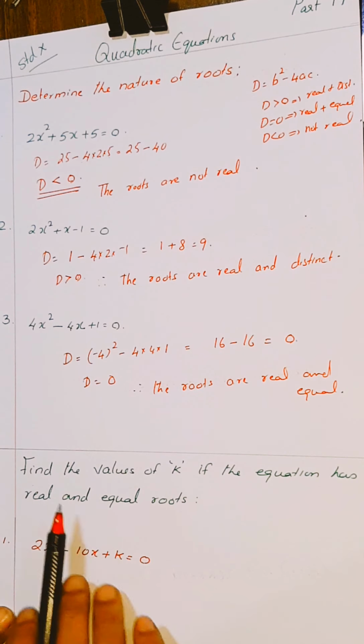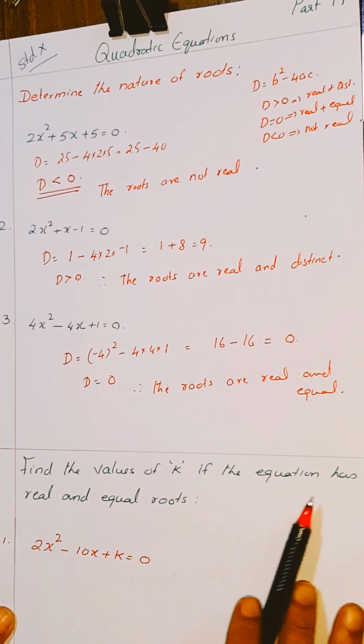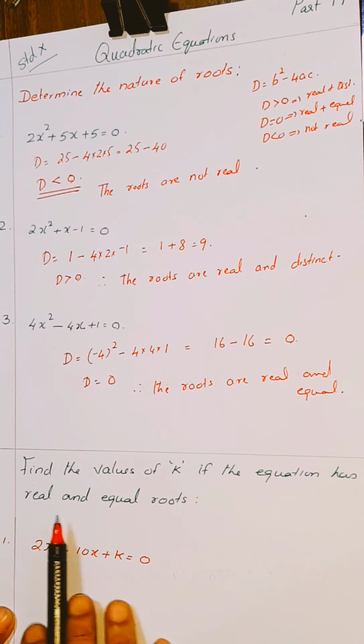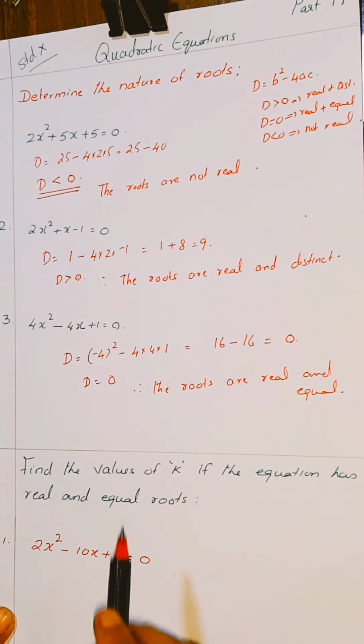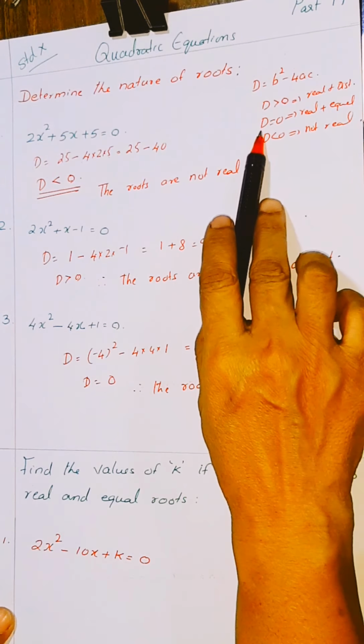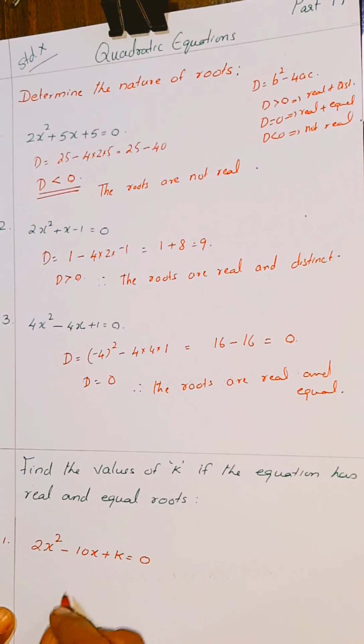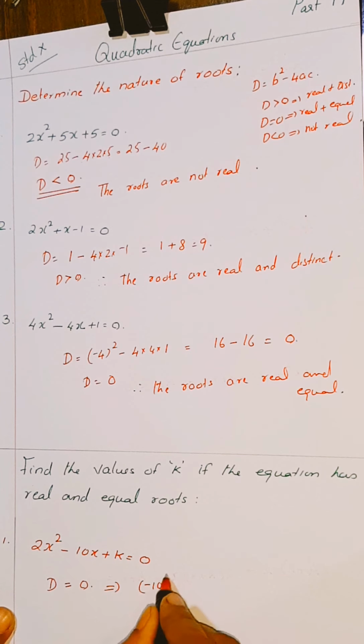Now here in these questions we have to find the value of k. The condition is given, the roots are real and equal. So if the roots are real and equal, D equal to 0. So b squared is minus 10 the whole squared, minus 4 into 2 into k equal to 0.